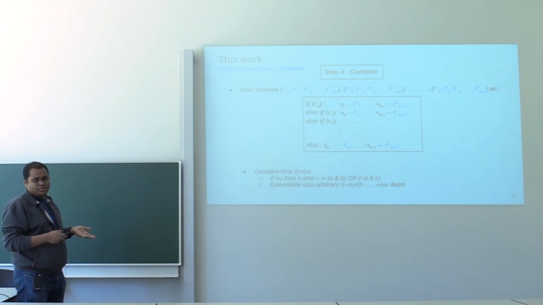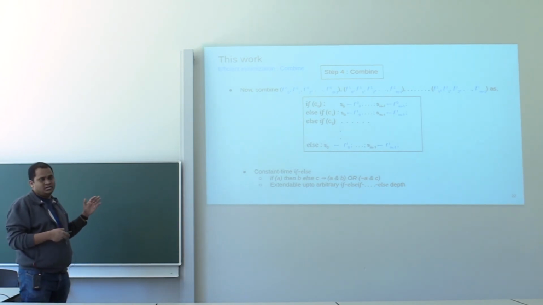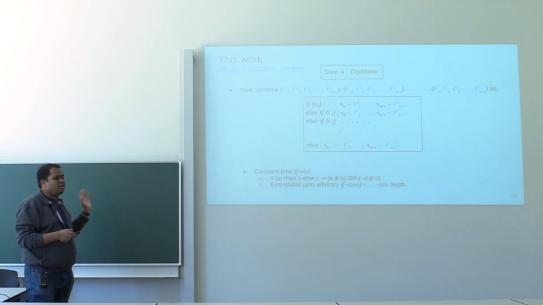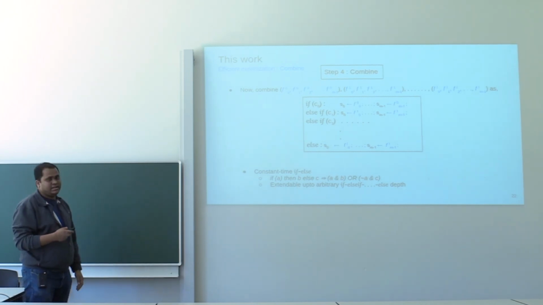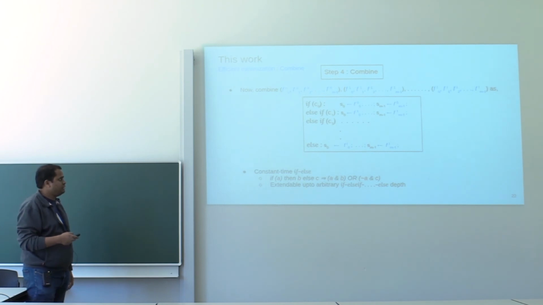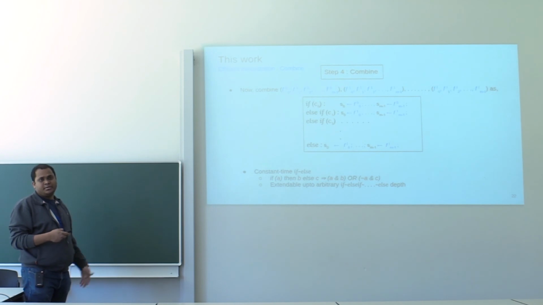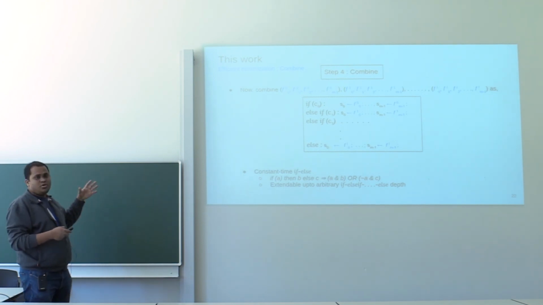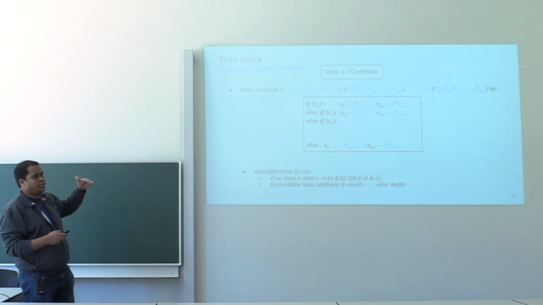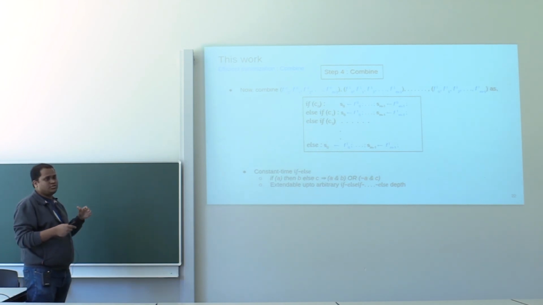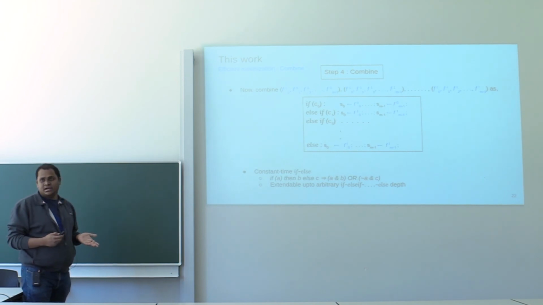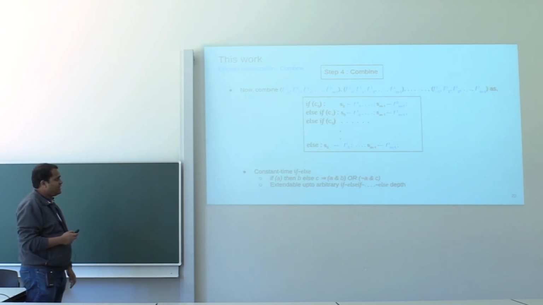But actually, it's very easy to do if-else in constant time, and this has been known from the bitslice implementation of DES for a very long time. And this can be extended up to arbitrary depth of this if-else-if chain. So this is how we combine all of these smaller sub-expressions into a Boolean function, which is of course very minimized and mimics the whole table.